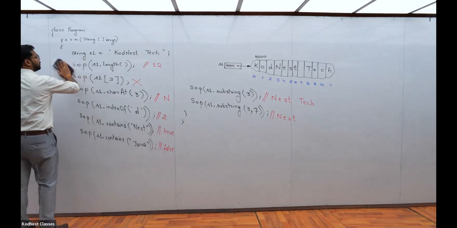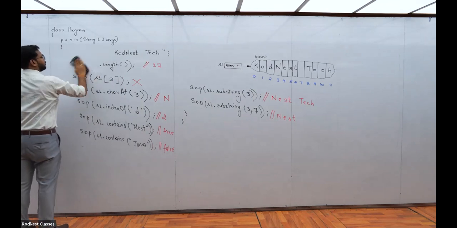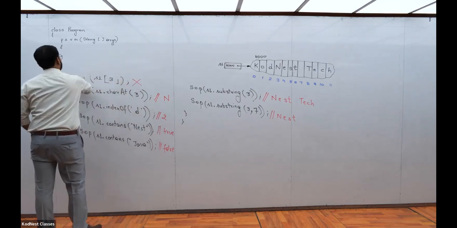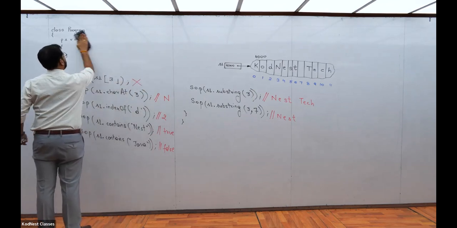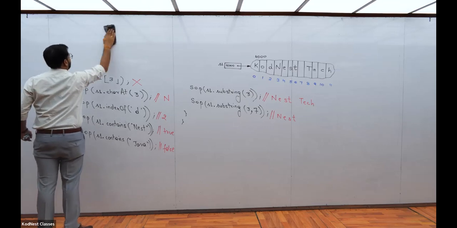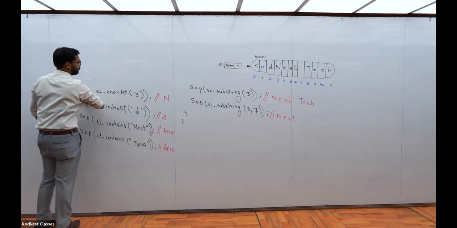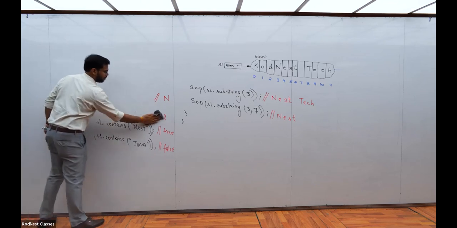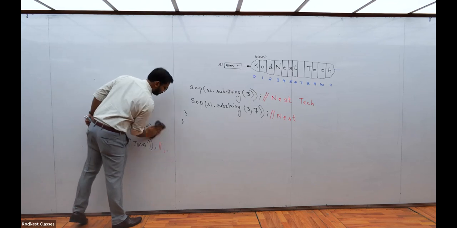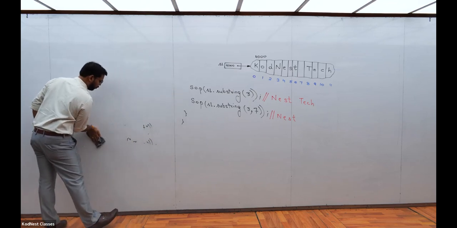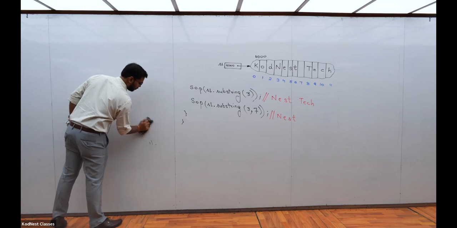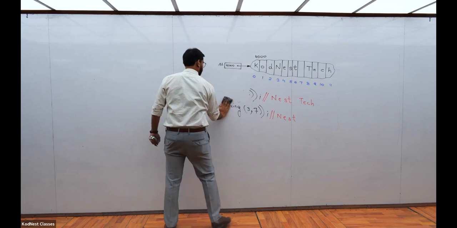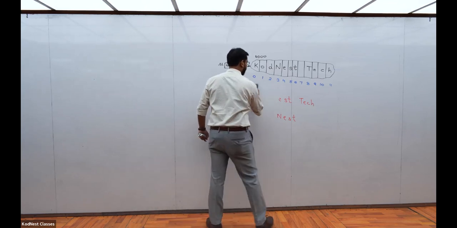Mutable strings are such strings which can be changed or modified after creation.